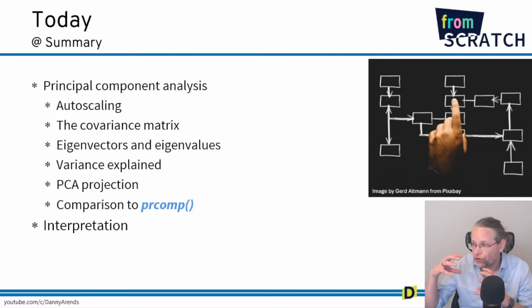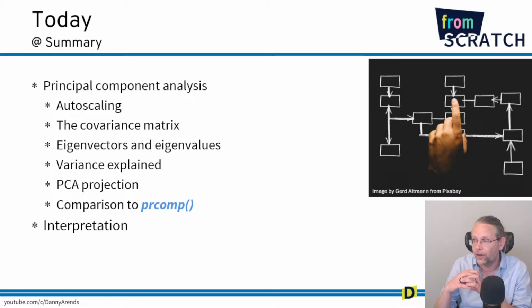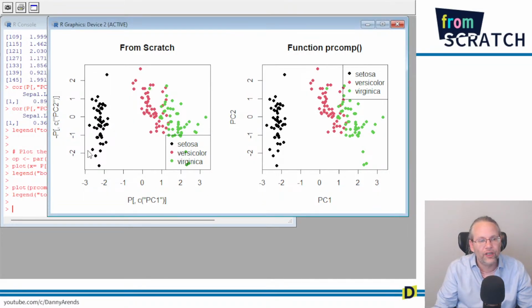Because the closer things cluster on the first two principal components, the less variance there is. And so if we look at this, we can see that the setosas cluster really, really well on the first principal component. So there's no real variance in the setosas when it comes to the sepal length and the petal length.